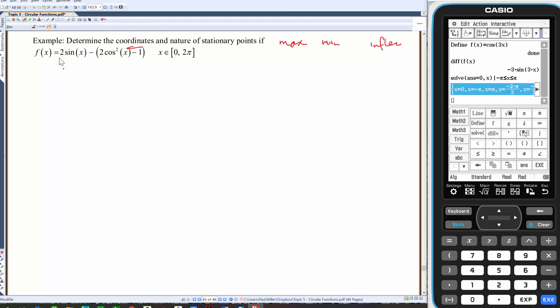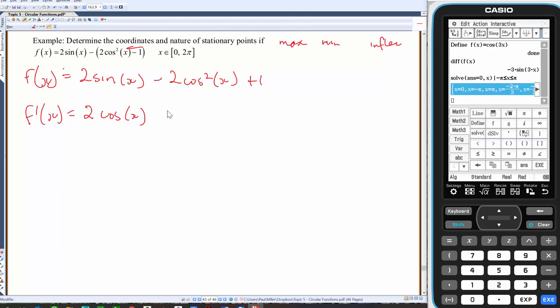Okay, so the first thing I'm going to do with this is get its derivative. So f dash x equals, in fact, before I jump in there, I'm just going to give the equation a nip and tuck. f of x equals 2 sine x take away 2 cosine squared x plus 1. Now f dash x, which is 2 cosine x.